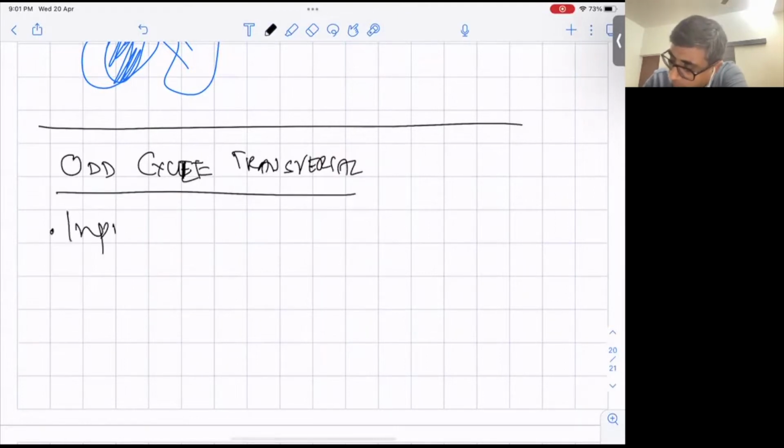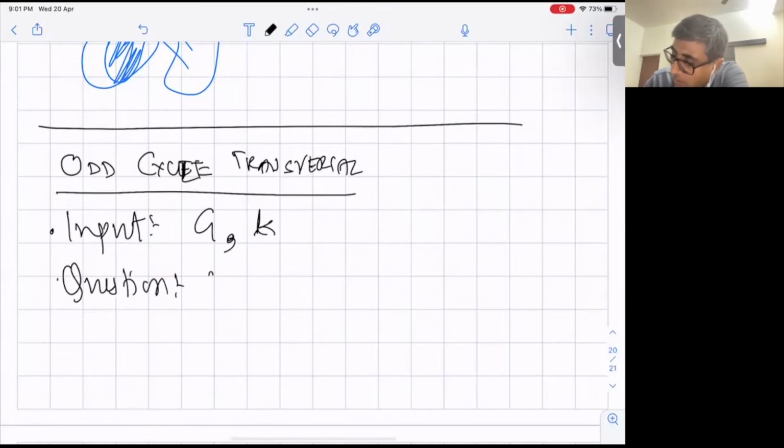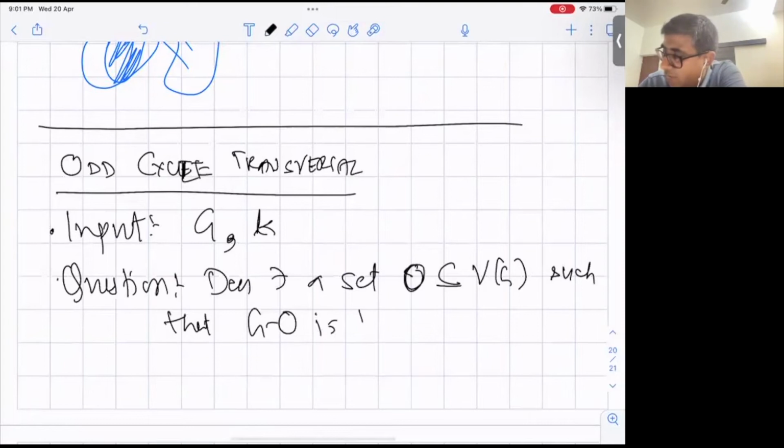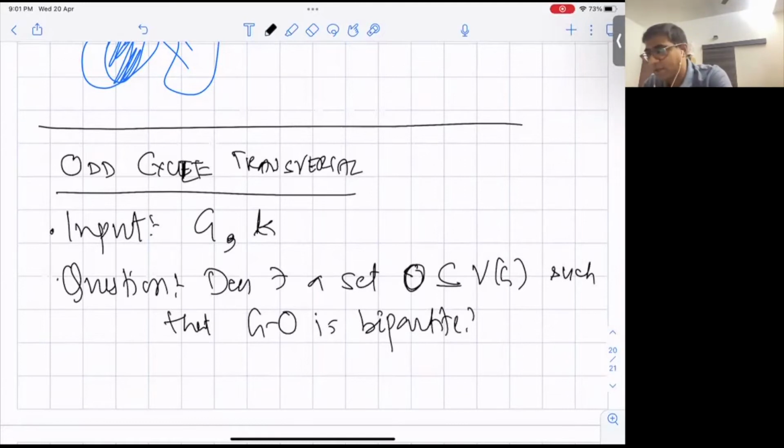The input is G and k, and the question is: does there exist a set O, a subset of V(G), such that G minus O is bipartite? I haven't shown you any algorithm for this, and that was my agenda item last time.